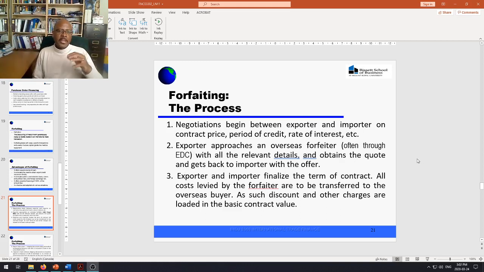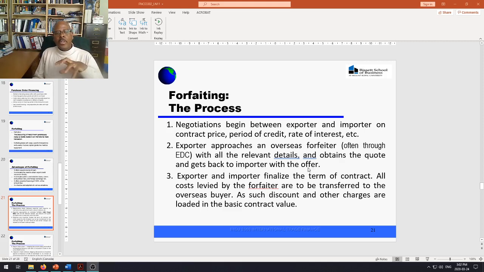Sorry, I meant they go back to the importer. You may notice that the slide said exporter here, which it should have said importer at the beginning.